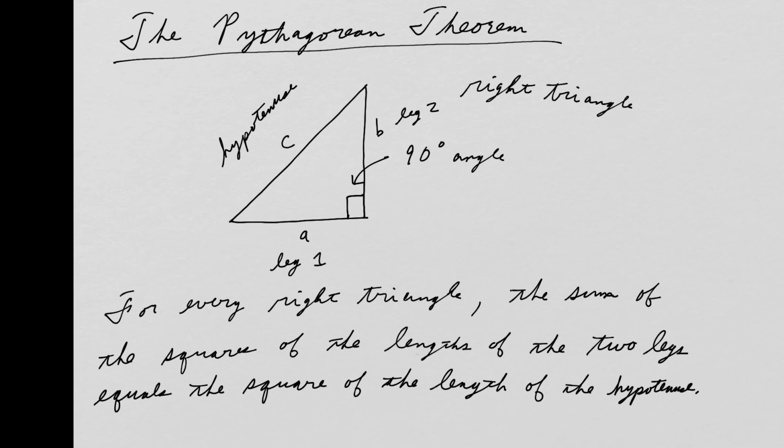Okay, so that's the Pythagorean theorem in words. For every right triangle, the sum of the squares of the lengths of the two legs equals the square of the length of the hypotenuse.